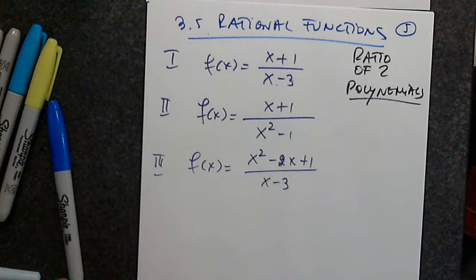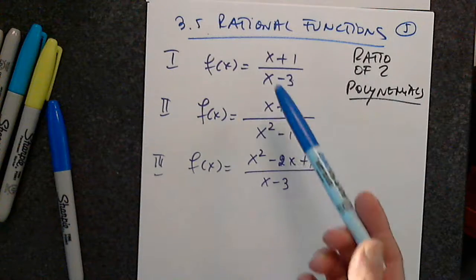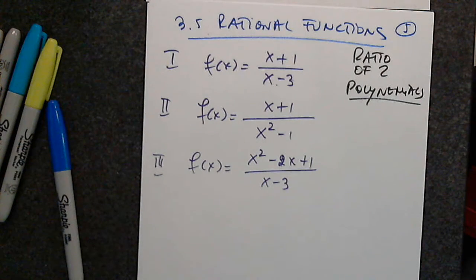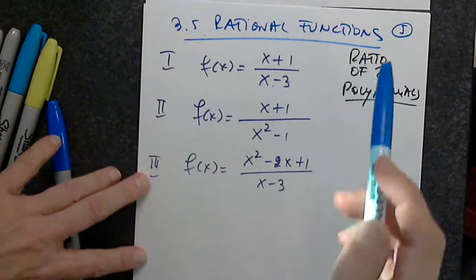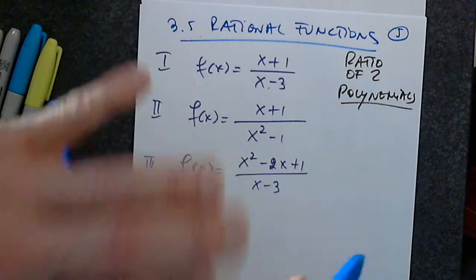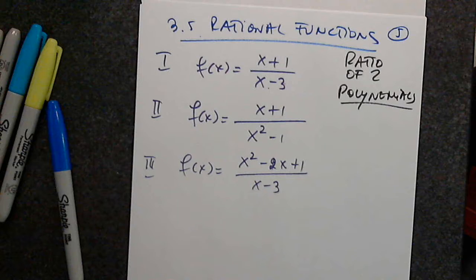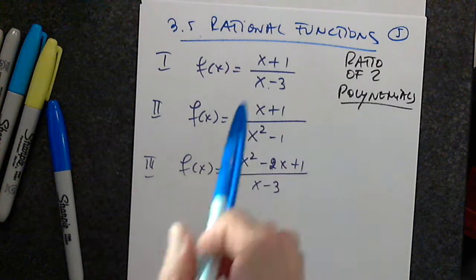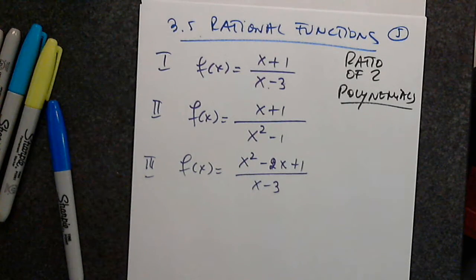Let's analyze type 1. What do you think is the characteristic of type 1? Obviously, they must be different somehow. What is the difference? No, it's a polynomial over polynomial. It has nothing to do with the plus and minus. What is the degree of the top? What is the degree of the bottom?